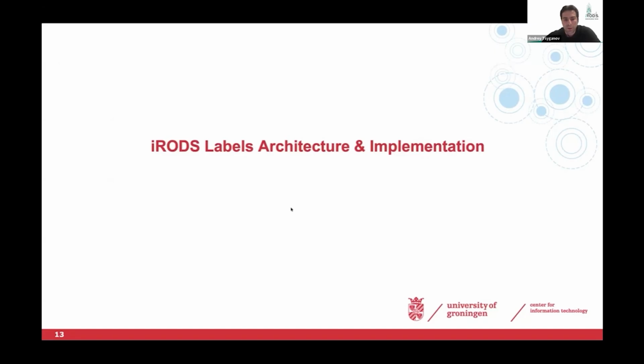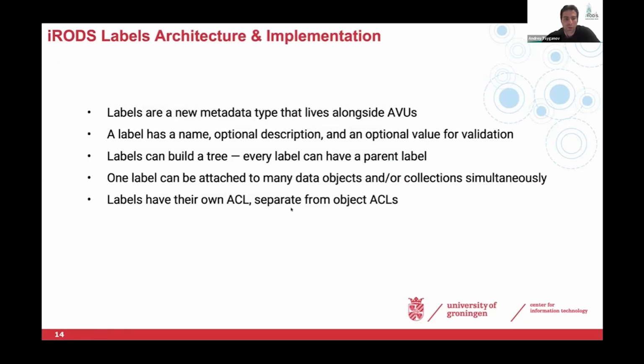This leads to the architecture and implementation of the prototype. Labels are a new metadata type that lives alongside AVUs. They work together, and each potentially has its own great advantages. A label has a name, a description, and a value for validation.